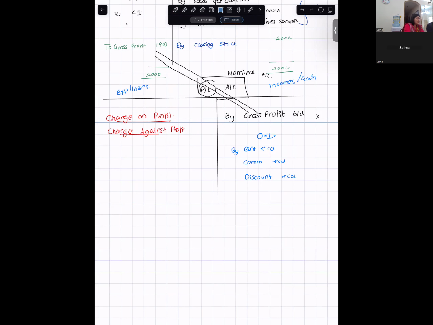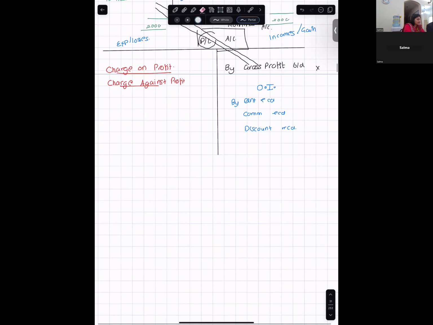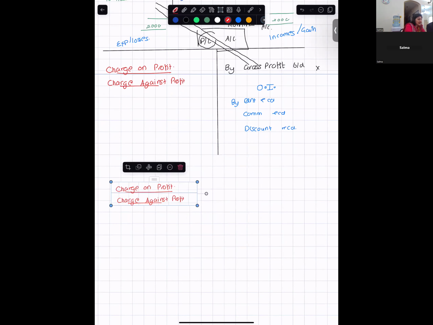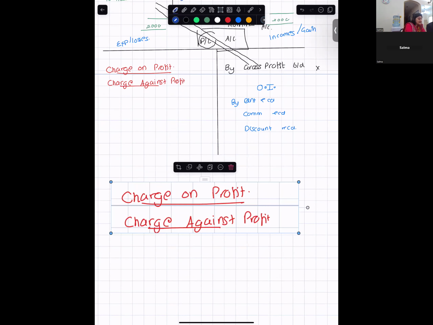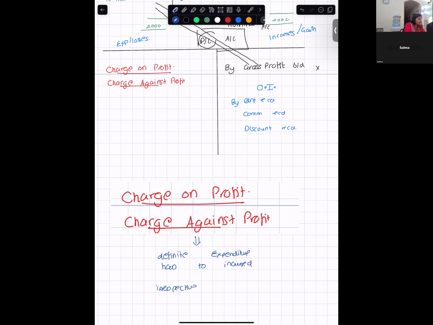When I say it is a charge against profit, what does it mean? It means that it is a definite expenditure. It has to be incurred irrespective of whether there is profit or whether there is loss.